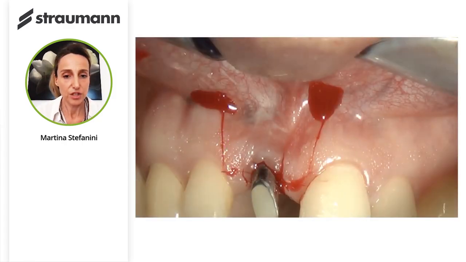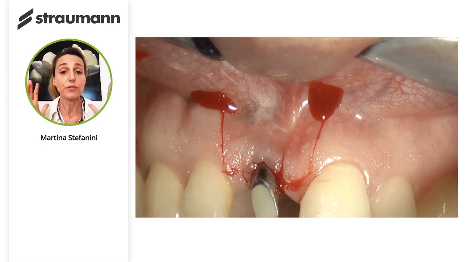And this is the patient the day of the surgery. The shape of the flap is the trapezoidal flap design, meaning a 2-3 millimeter horizontal incision and 2 vertical releasing incisions, slightly divergent, that reach the alveolar mucosa.